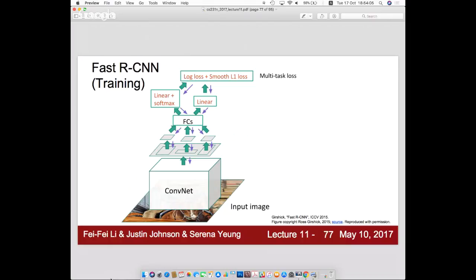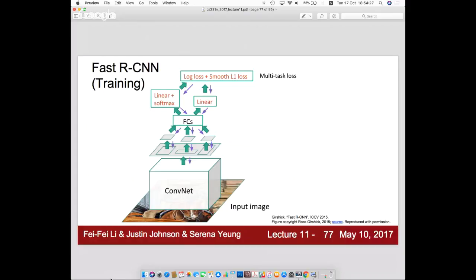So somewhere along the line, another group of people came up with something called multi-box detection. In multi-box detection, they actually propose a region proposal network that can be trained to propose all these parts here.